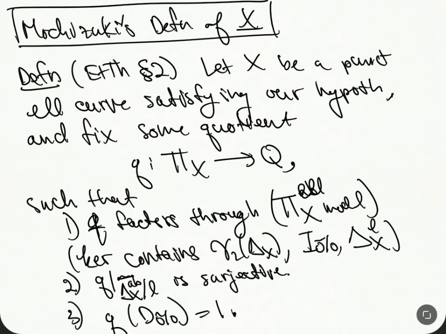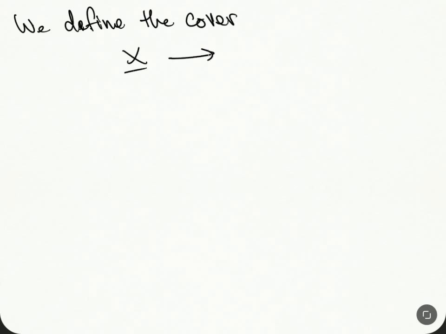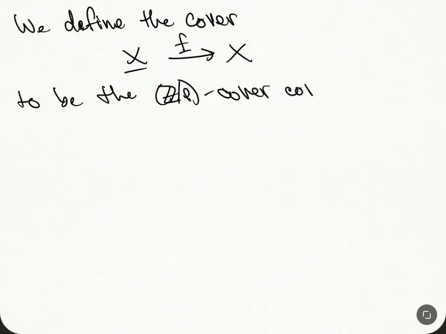Then we define, and I have to go to the next page to finish this definition, which is kind of bad, the cover X underline to X to be the Galois cover, the Z mod L cover, corresponding to this quotient.